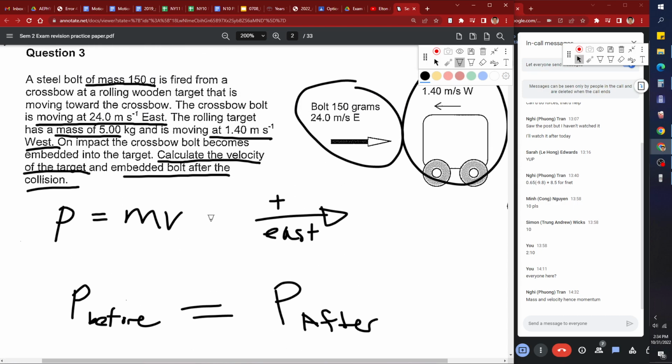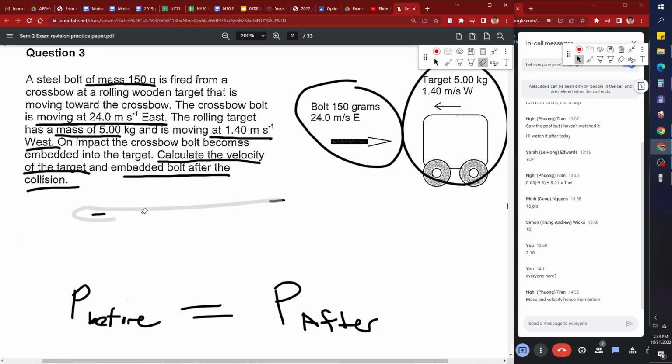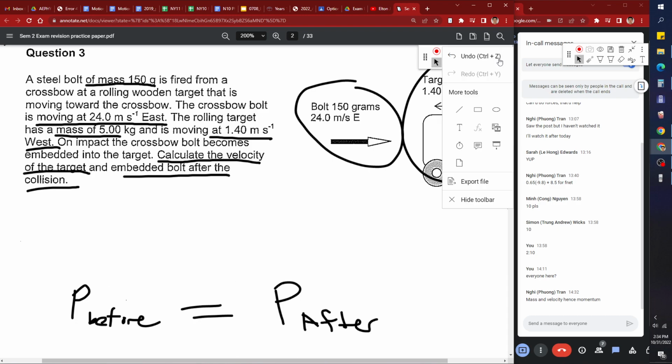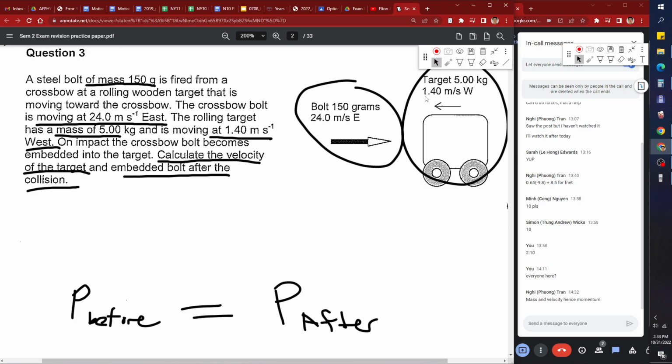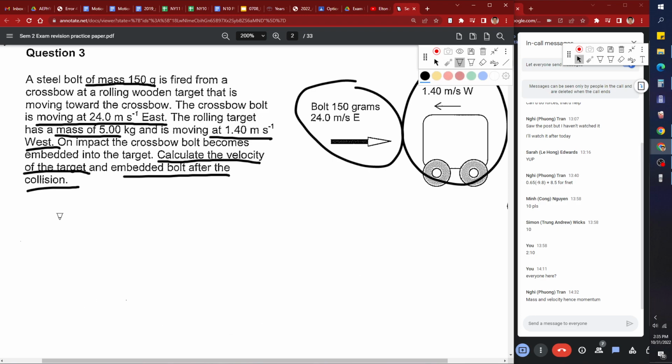Alright, so let me just erase some of this and move this up a bit. I forgot. I used to be able to move all this, but now I cannot. I'll just erase it. Okay, so P before equals P after.